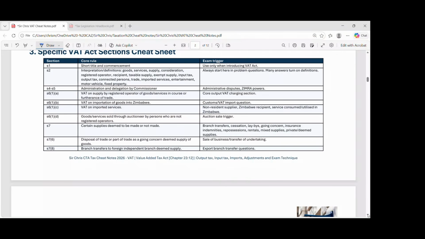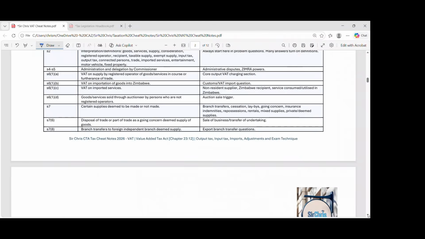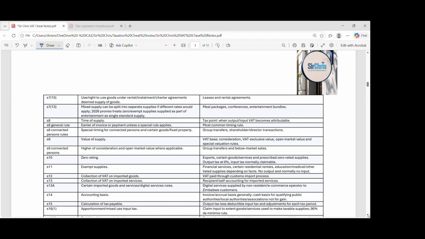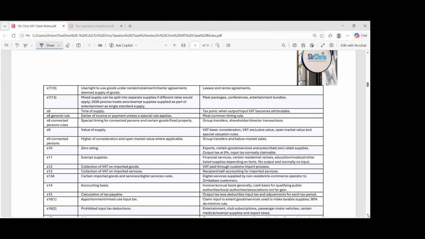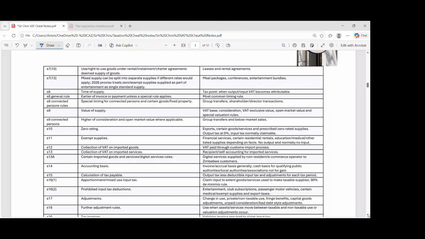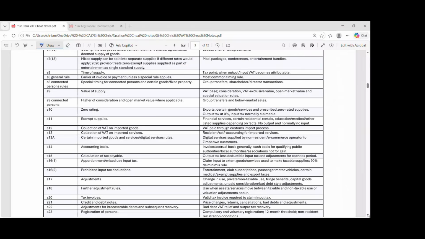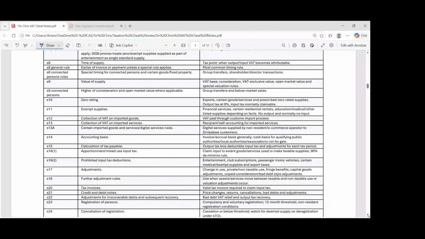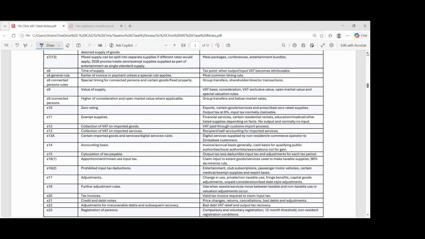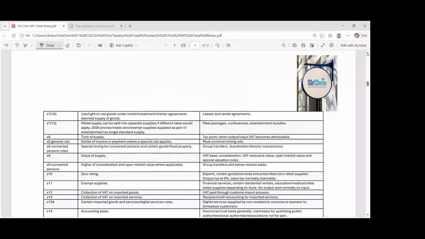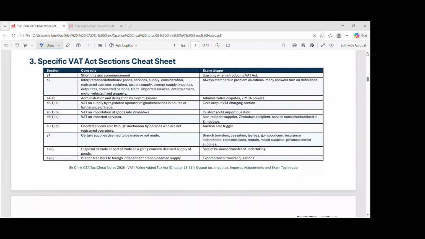So these are the specific VAT sections. And I think I was summarizing them, Tim, in detail in this mind map. But because of time, I can't go through each and every one, so let me scroll down. The important VAT sections. So that's what I was recording here. What does each section deal with?